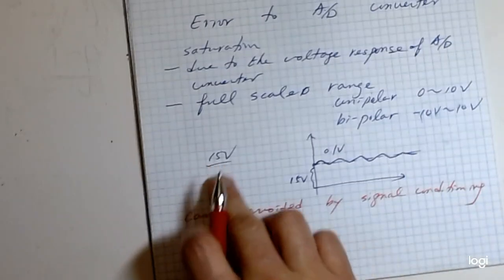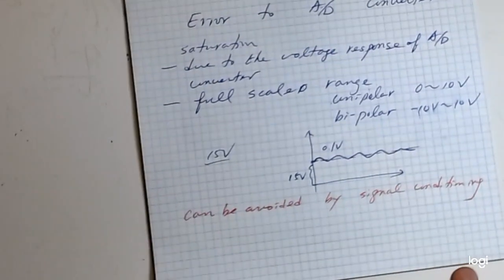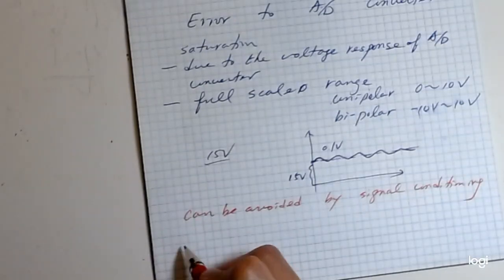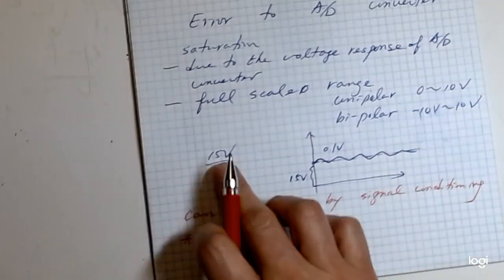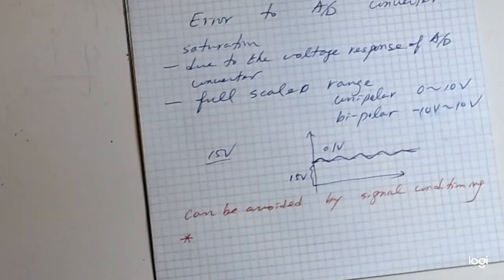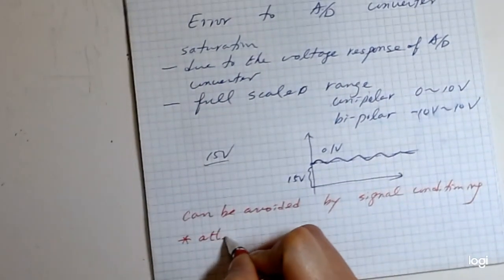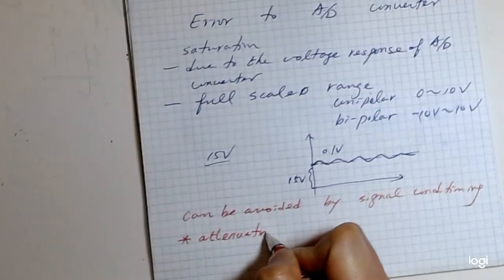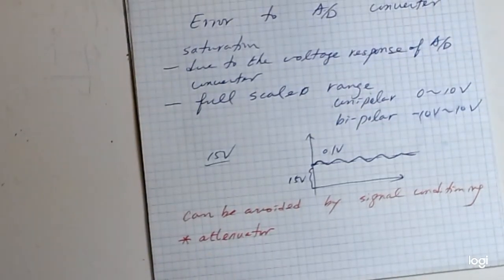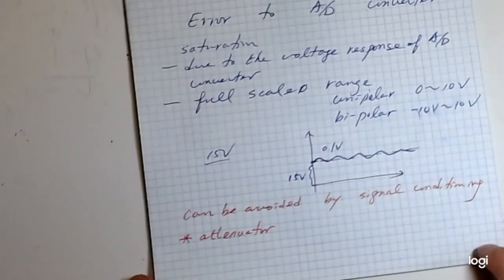Do something with this signal. Well, the easiest one, just make it smaller. If it's too big, make it smaller, so we can attenuate the signal with attenuators. An easy way is to make a typical op-amp circuit.